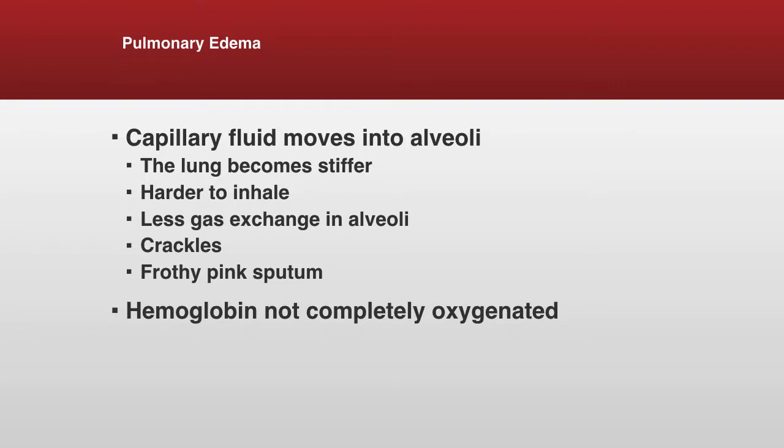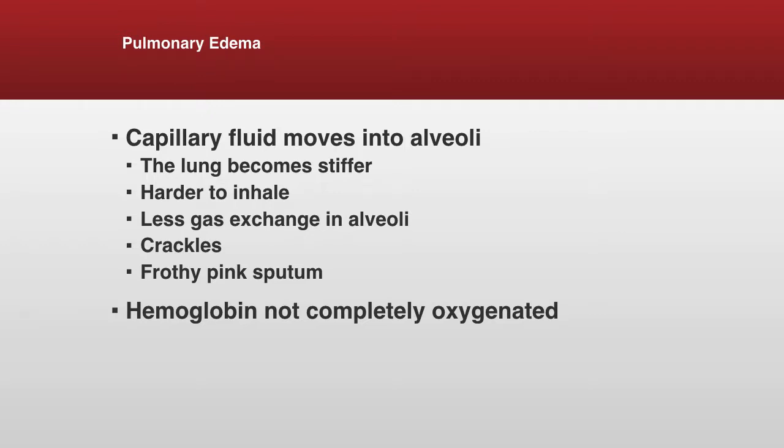It's important to mention that the fluid that leaks into the alveolar spaces is a transudate and it's not blood. A lot of people think that that pink frothy sputum is blood-tinged sputum, but it's not.